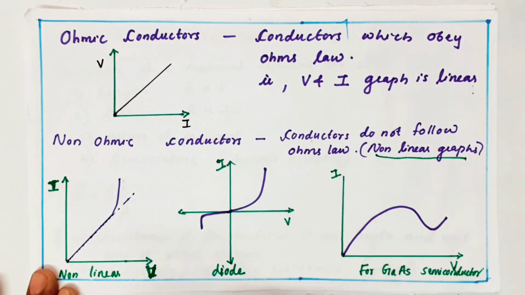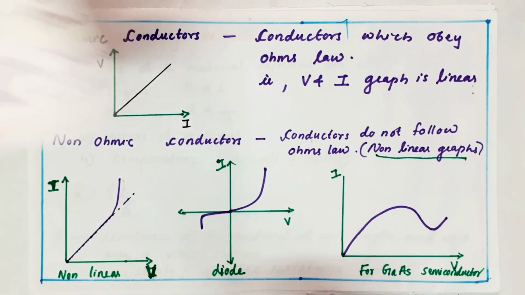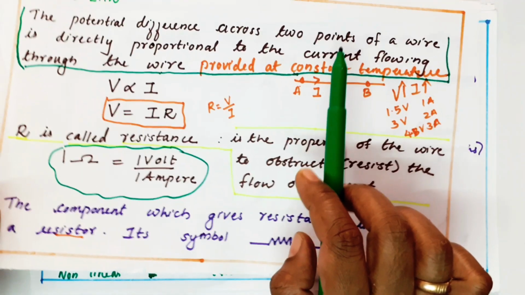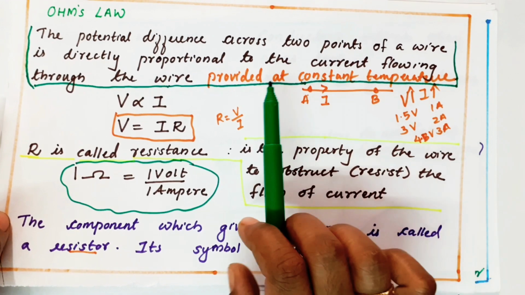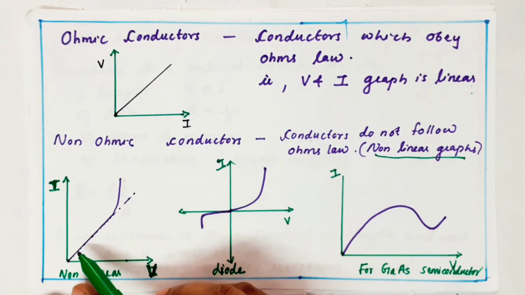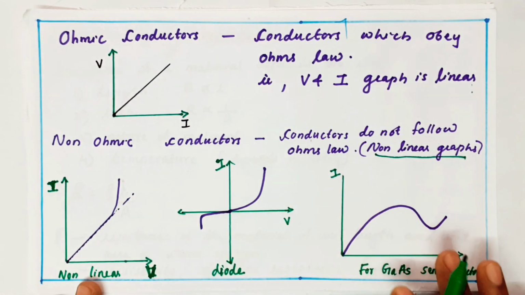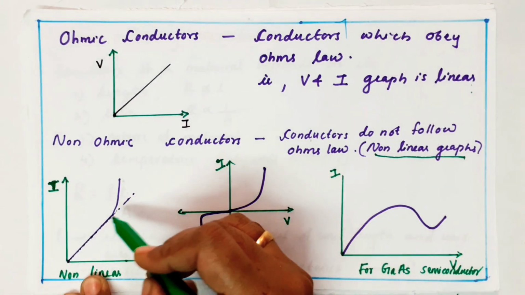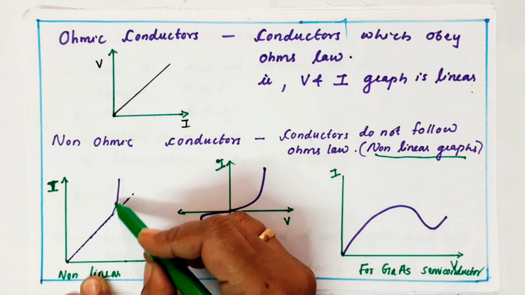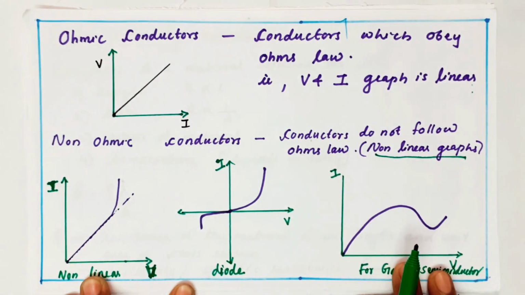So I can take this example as the case I mentioned before. I told you, at constant temperature. Say for example, after some time the temperature is changing. Definitely it follows a straight path up to a point and after that it is changing. What's the meaning? Up to this point the temperature is constant. After that the temperature is not constant. So it's showing a non-linear behavior.